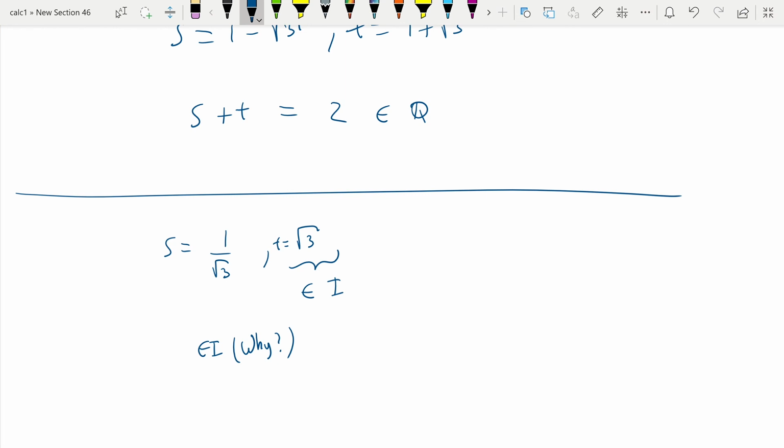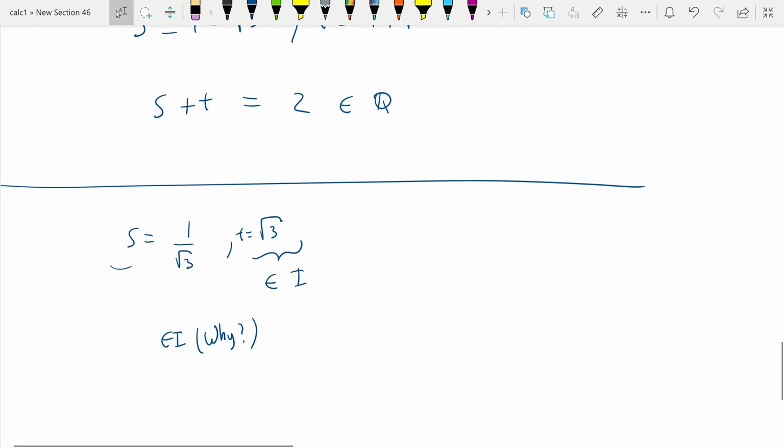Otherwise, you could write this on the other side as a rational number, and when you divide things, you obtain a rational number. So the square root of 3 would have to be 1 over a rational number, and 1 over a rational number is a rational number as well. So the same kind of contradiction we used before is going to give you that this is an irrational number.